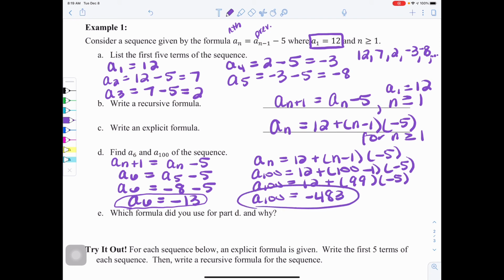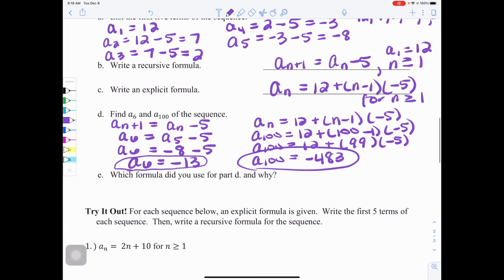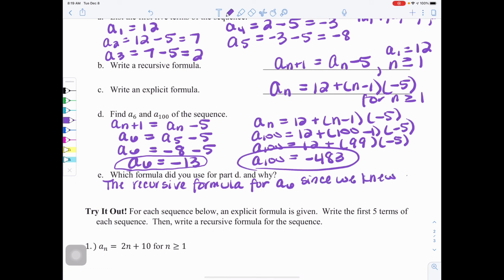So we've already talked a little bit about this, but we'll formally answer the question in Part E. Which formula did you use for Part D and why? So we used the recursive formula for a sub 6, since we knew a sub 5.